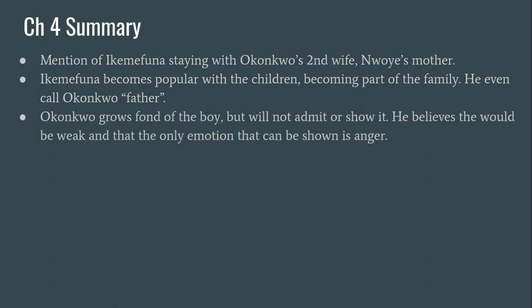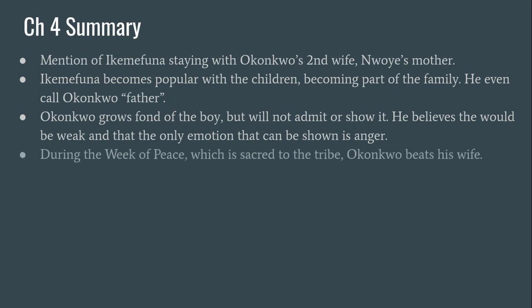Okonkwo grows very fond of the boy, but just like someone who wants to show manliness, he doesn't feel that he can show that emotion. He never admits it and he never shows it, even though he is proud of Ikemefuna and does love him. He thinks that the only emotion that can be shown is anger. That's the only thing worth being shown, so that's the only emotion you will ever see out of him.